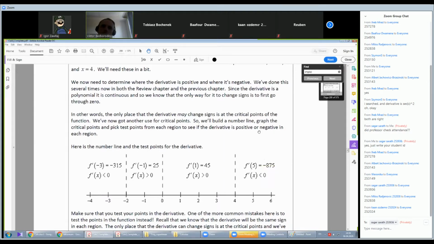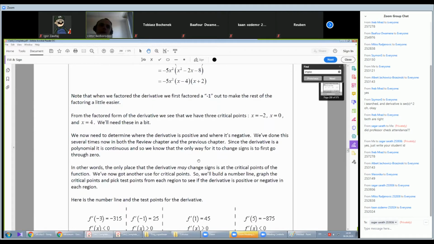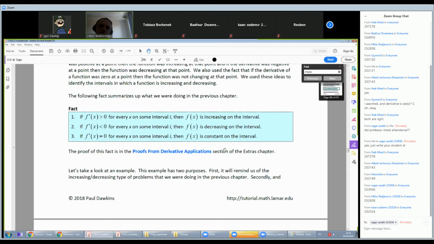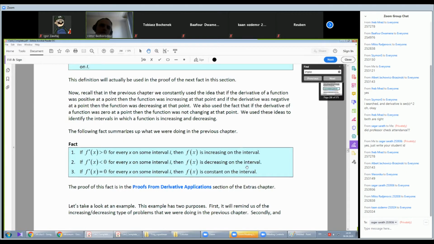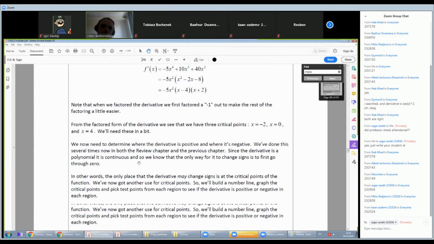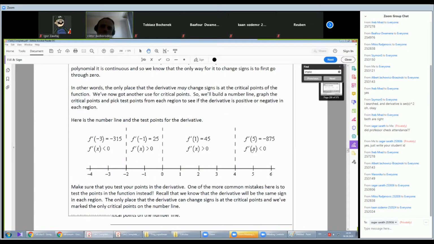We're interested here in the derivative, because we want to find where the derivative is positive and where it's negative, so that we can then use it to find where our function f is increasing and where it is decreasing, right? So here we found those intervals.